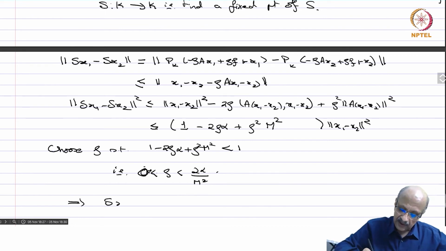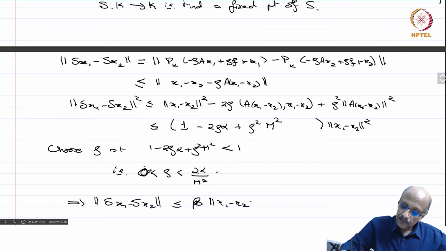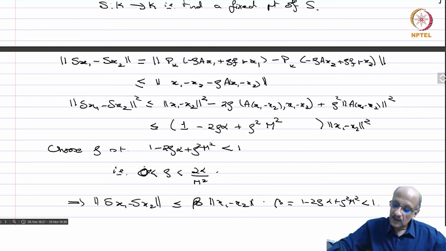So this implies ‖Sx1 − Sx2‖ is strictly less than β times ‖x1 − x2‖, where β equals the square root of 1 − 2ρα + ρ²m², and that has been chosen to be strictly less than 1.